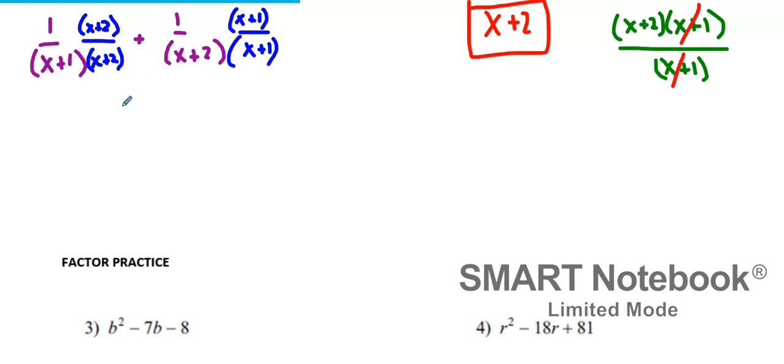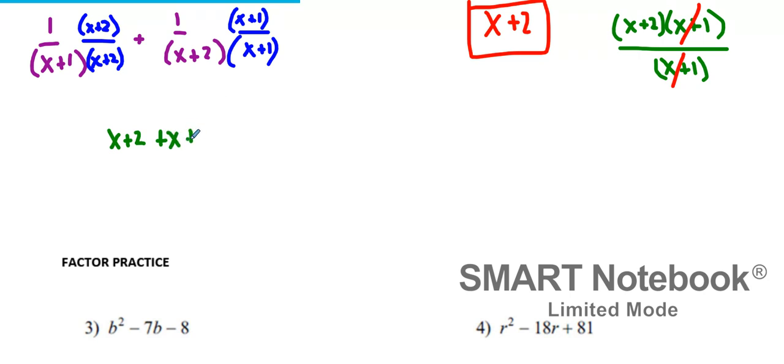So now we have a common denominator, x plus 1 times x plus 2. On the top I have 1 times x plus 2, so I have x plus 2 times 1, which is just x plus 2 on the top. And on this one I'm actually going to take that parenthesis off, and I'll show you why, because everything is going to get plussed. x plus 2 plus, now this one's getting multiplied by x plus 1.